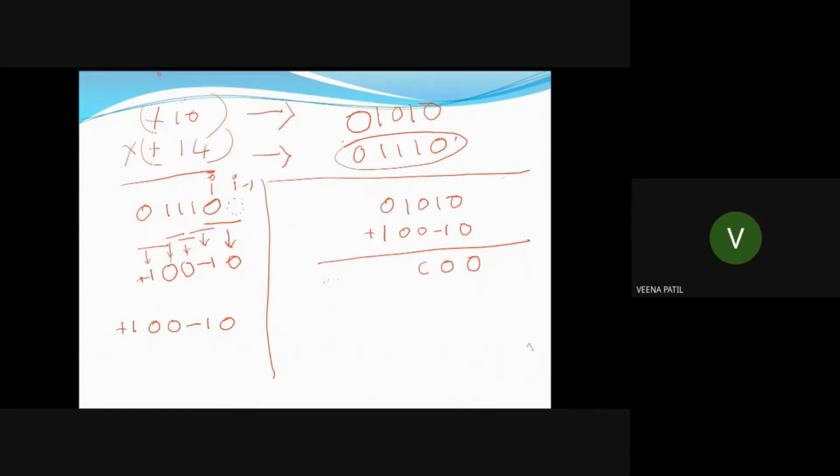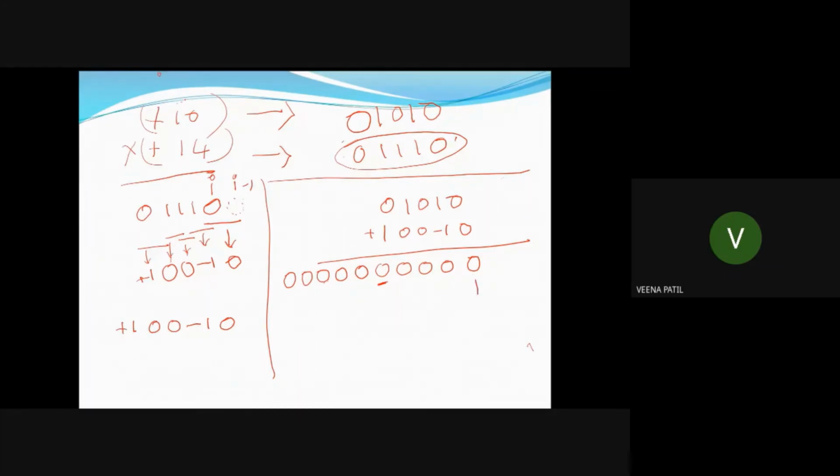So 1, 2, 3, 4, 5, 5 bit zeros I have written. Since the product is 2n, that is 10 bits, I have to write the remaining bits by extending the sign bit. The sign bit is 0, so the remaining 5 bits I have extended and written as 0.